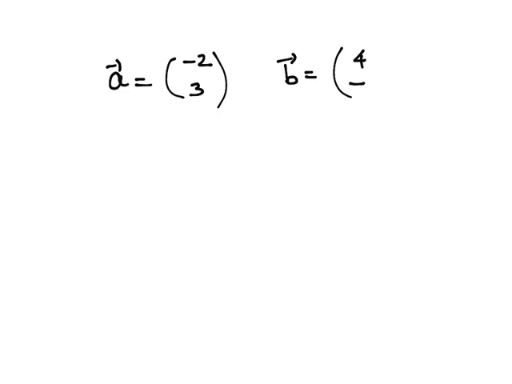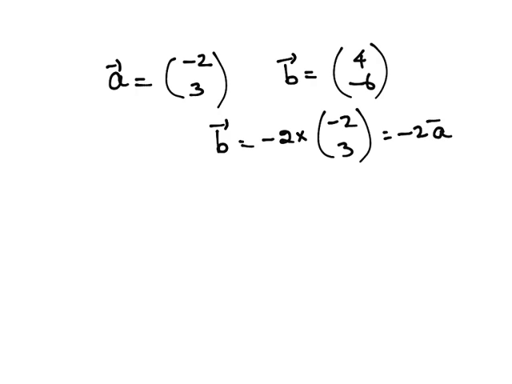For example, if I take A vector as (-2, 3), and B vector as, let's say, (4, -6), as you can see, B vector can be written as -2 times (-2, 3), which is nothing but -2 times A vector.